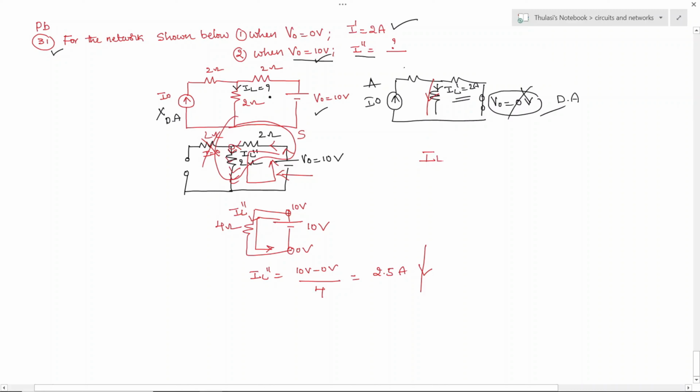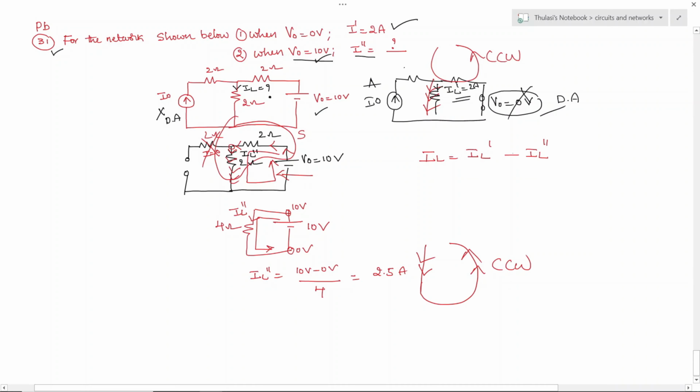Therefore the total load current IL is equal to IL dash plus IL double dash. This is also flowing from top to bottom, and this is also flowing from top to bottom. Flowing from top to bottom is indirectly flowing in counter clockwise direction. This is also flowing in counter clockwise direction.